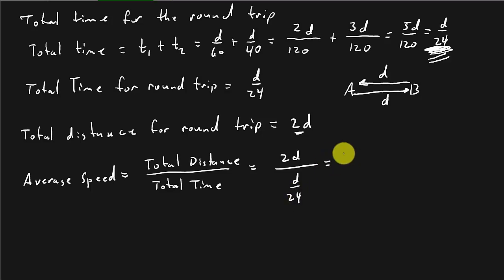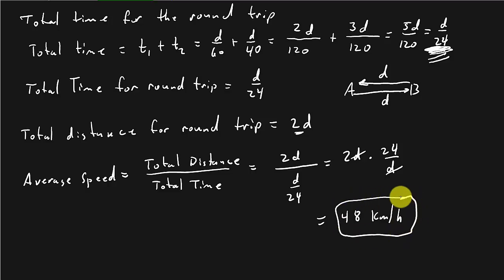And so this would be 2D times, now remember, if it's 2D divided by this, that's 2D times the reciprocal, so times 24 over D. And you can see that the D's cancel, and so 2 times 24 would be 48 kilometers per hour, and that would be the average speed.